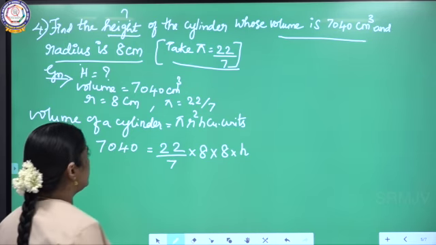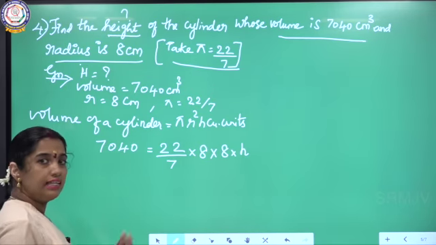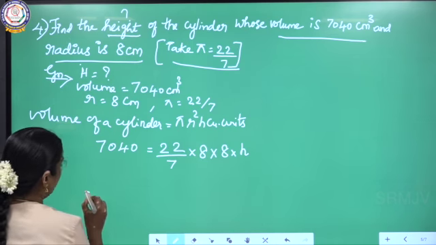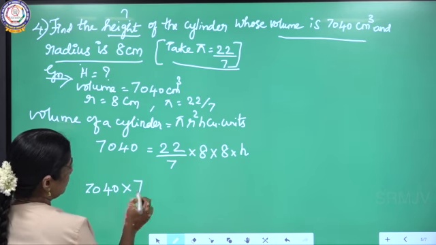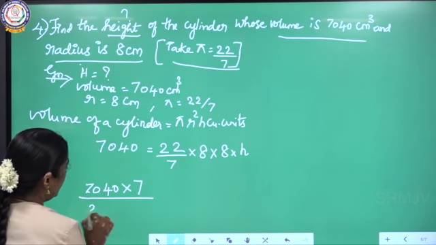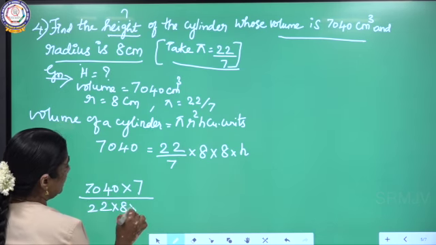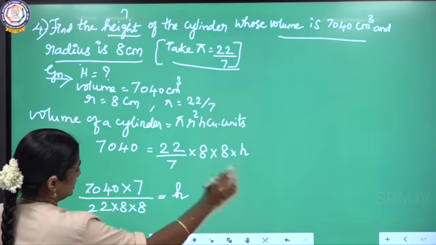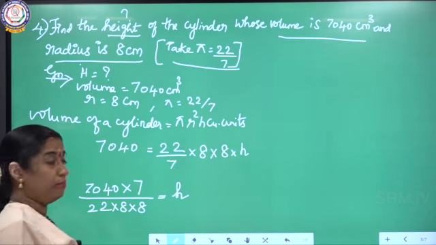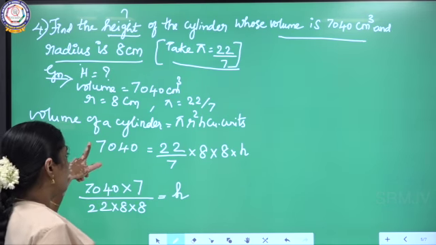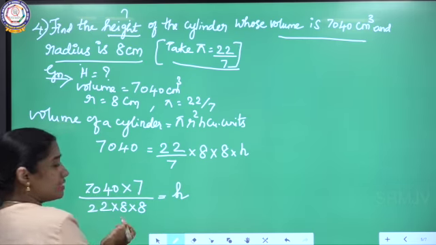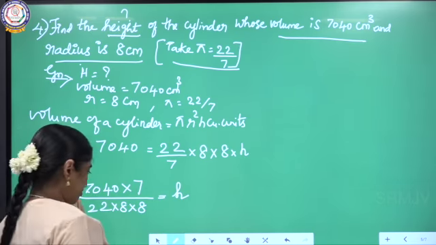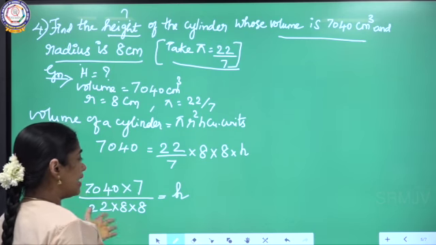Now simplify this. Listen. When it is division and it moves to the other side, it becomes multiplication. So 7040 into 7 divided by 22 into 8 into 8 is your height. This I am going to simplify. 7, when it moves this side, becomes multiplication, and multiplication when it comes to the left hand side becomes division.